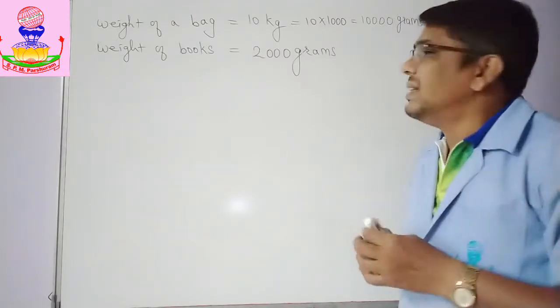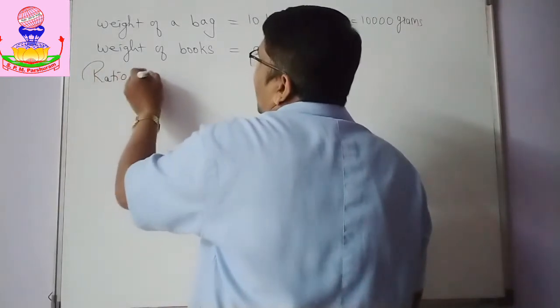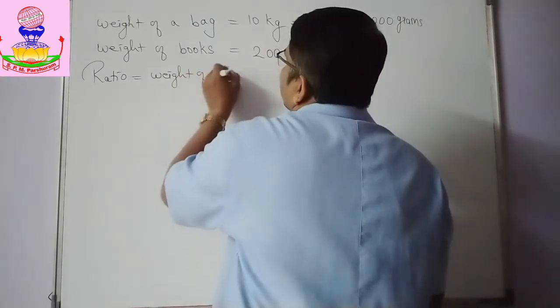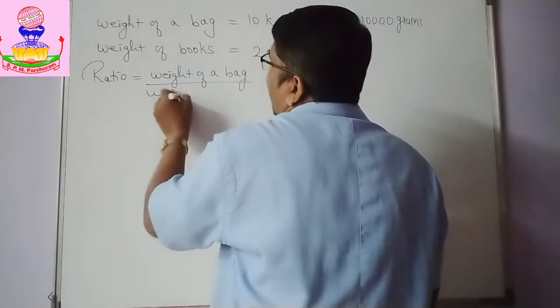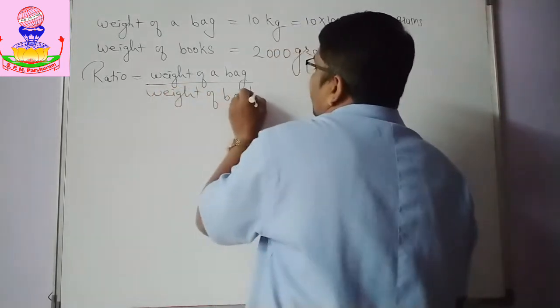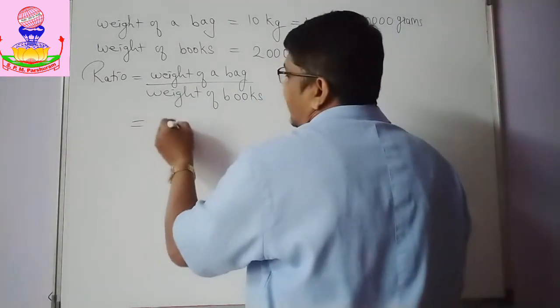Now see whether the units are same. Yes, they are. So now we can find the ratio. Ratio of what? Weight of a bag upon weight of books. Right? Now, what is the weight of bag? 10,000.